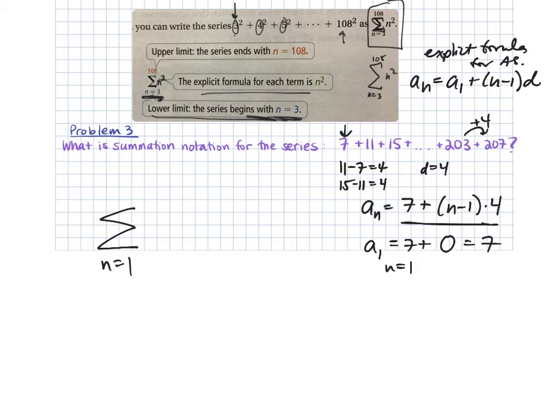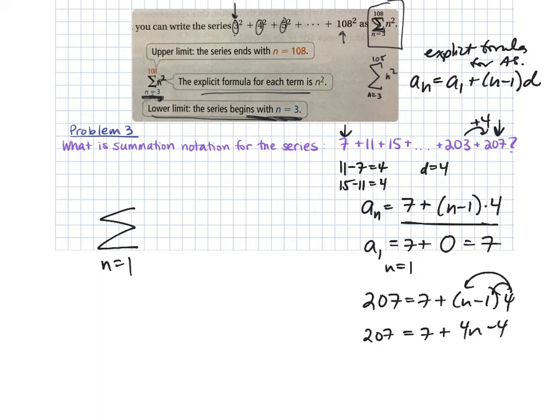And then what do we have to plug in to get the 207? Well, let's see. 207 equals 7 plus n minus 1 times 4. That's 4n minus 4, which is 4n plus 3, right? This equals 3.